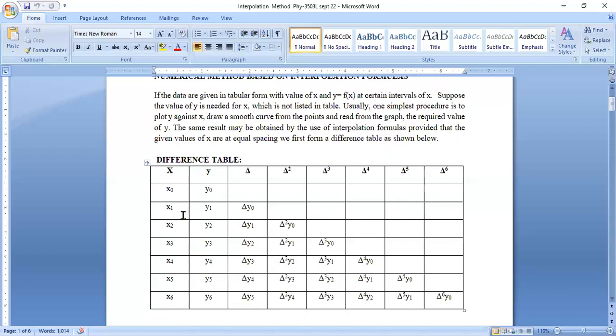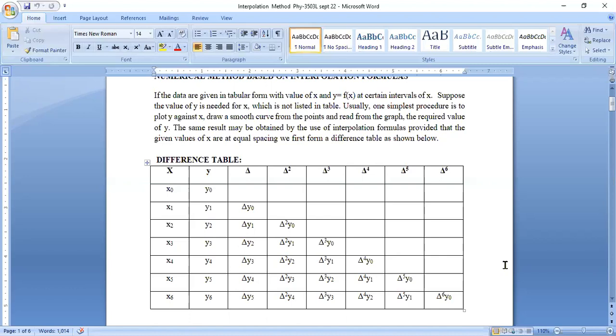Here we are using Newton's interpolation method for equal intervals. The values x0, x1, x2, x3 have equal intervals. That means x1 minus x0 is equal to h, x2 minus x1 is equal to h, x3 minus x2 is equal to h. You have an equal interval.